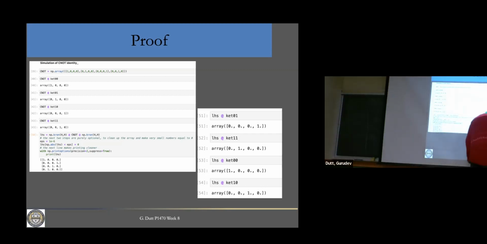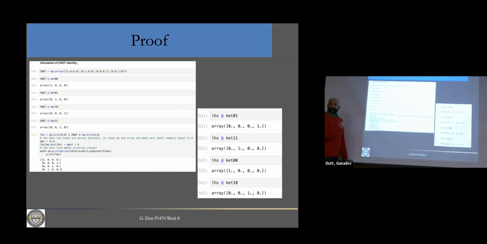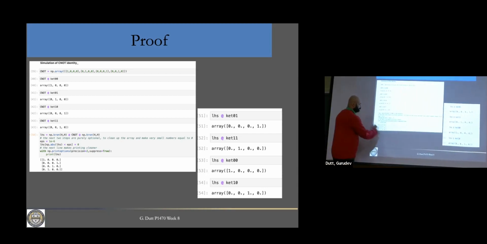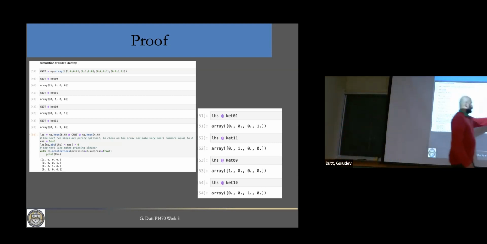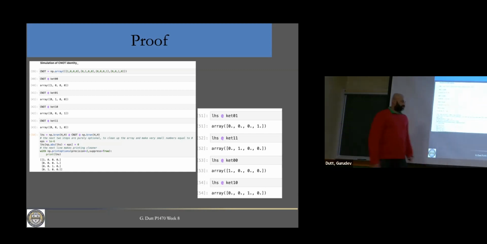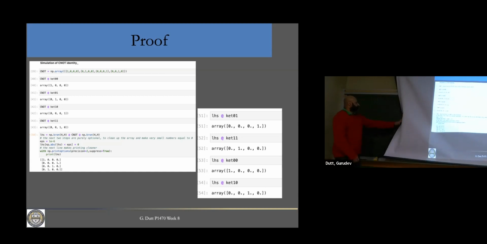And then acting on the third, which is ket 1, 0, I get 0, 0, 1, 0. And that is this column over here, 0, 0, 1, 0. Then the last column is 0, 1, 0, 0. That is LHS acting on ket 1, 1 is 0, 1, 0, 0. Okay. So we can see that the action of this matrix on those basically reveals the same structure as here.